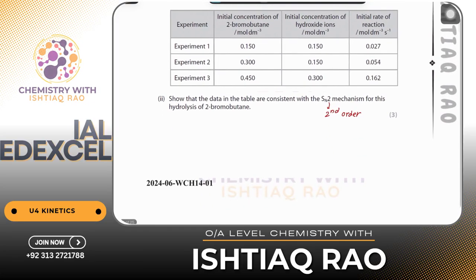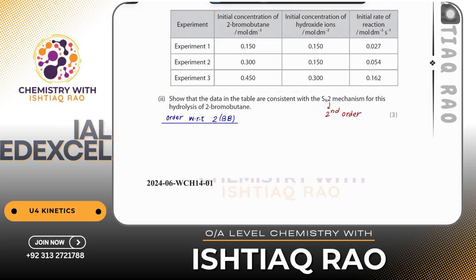Okay, so to find out the order with respect to 2-bromobutane, I am going to select experiment 1 and 2. I am taking a shortcut, right? You are not supposed to do this.